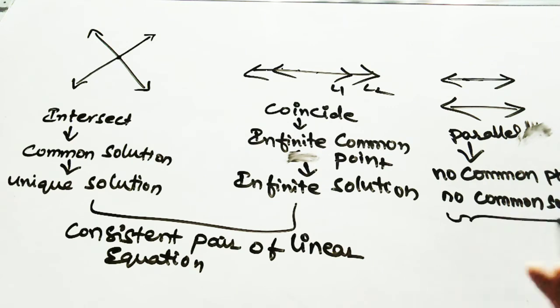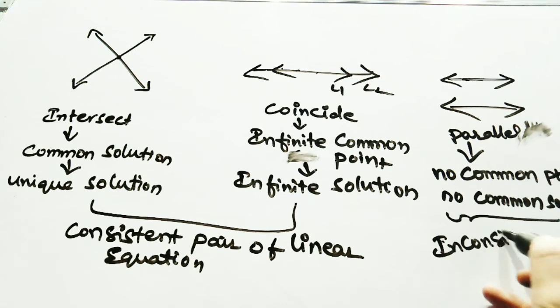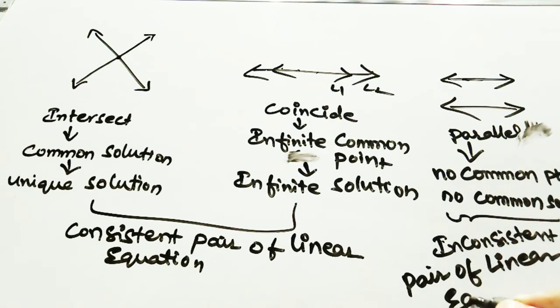And if you get parallel lines, it is called an inconsistent pair of linear equations. This kind of question comes for 1 mark. Just keep it in mind.